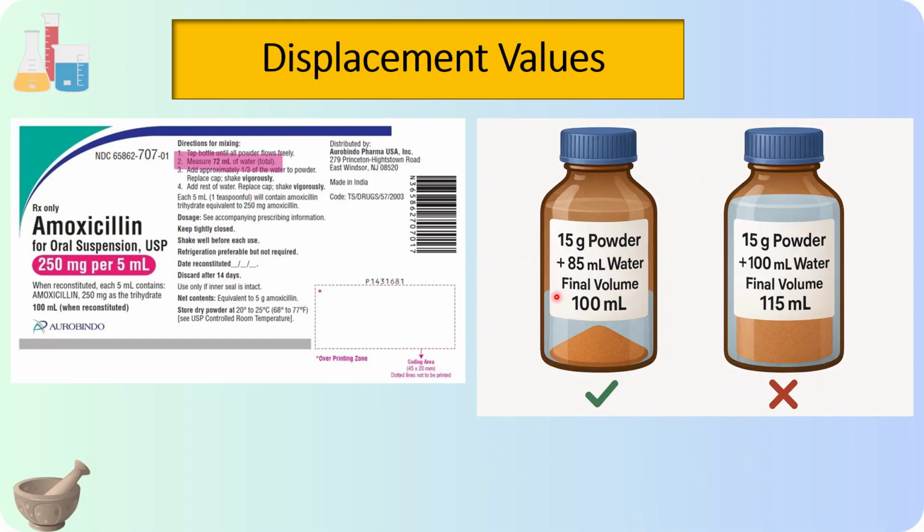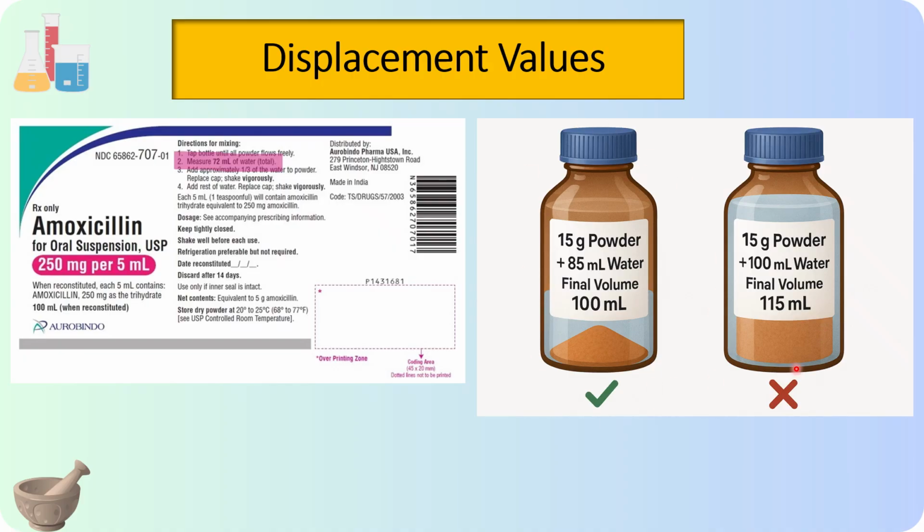So we have another example here. If the powder consumes 15 gram, we need to add 85 ml to get a final volume of 100 ml. In case we didn't consider the volume displaced by the powder, if we add 100 ml, the final volume will be 115.